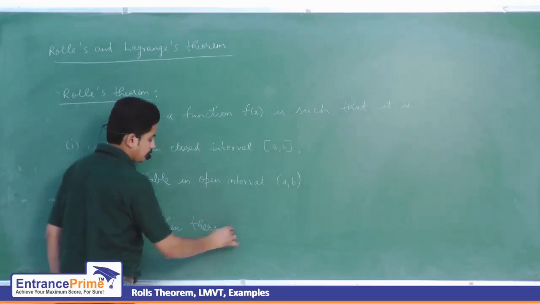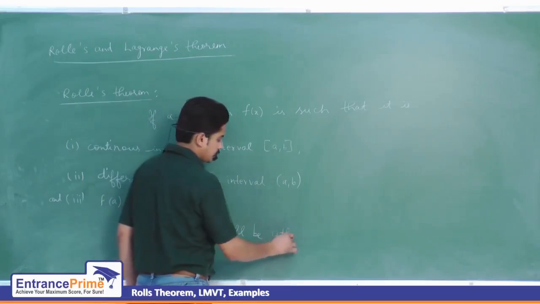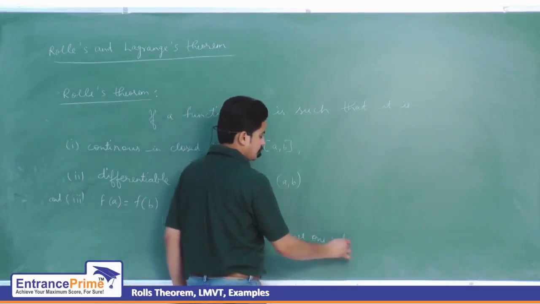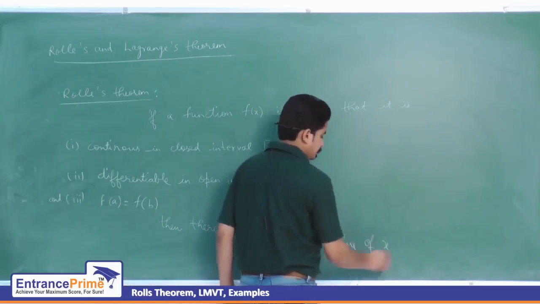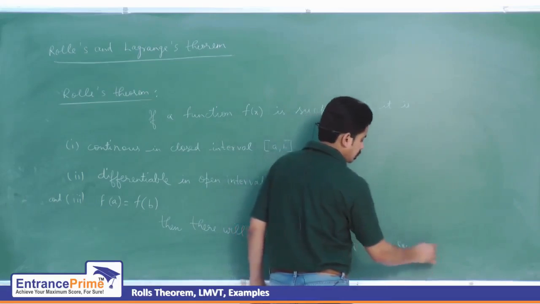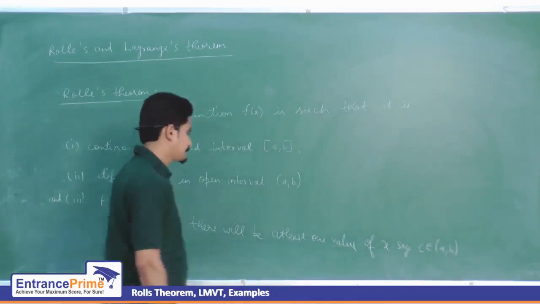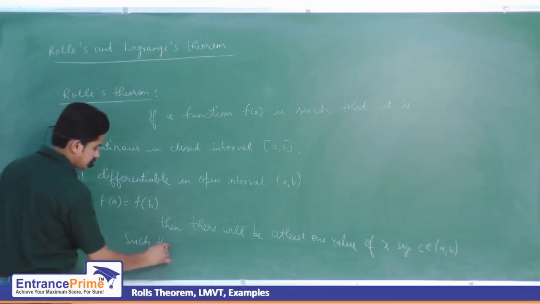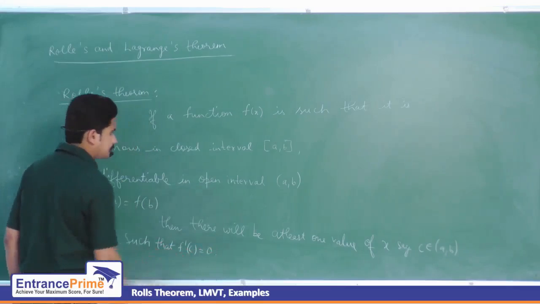there will be at least one value of x, say c, which belongs to (a, b), such that f dash c is equal to 0.